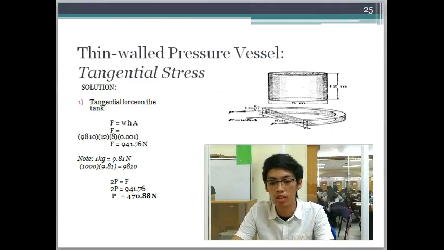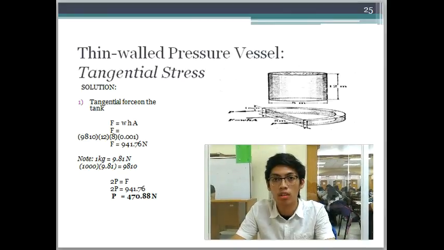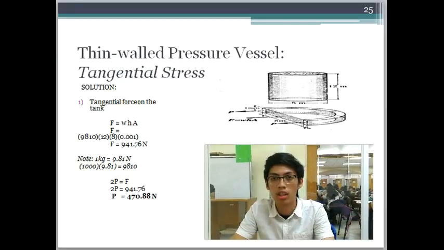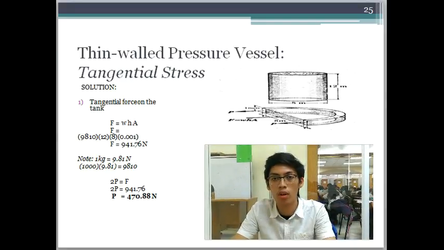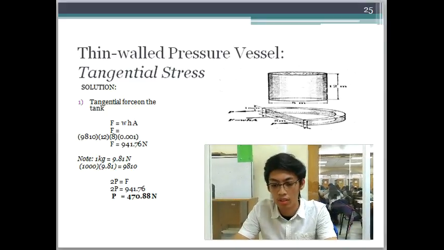For the first part, considering the tangential force in the tank, F is equal to W times H times A, given 9,810 times 12 times 8 times 0.001, you can have the force of 941.76 Newtons.